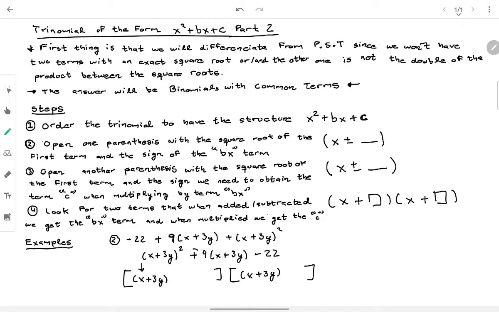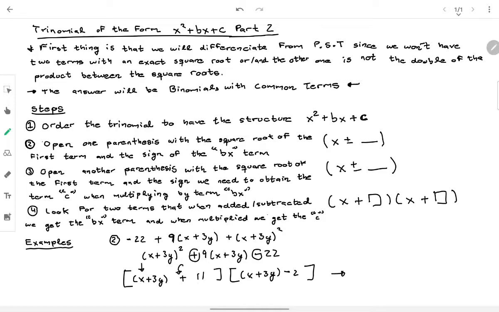And then the sign of the bx term on the first parenthesis, plus, to become a minus, we need a minus. We need to look for the two numbers that multiplied will give us minus 22, and when added, plus 9. So it's going to be 11 and 2, because 11 times 2 is minus 22, plus 11 minus 2 is plus 9.